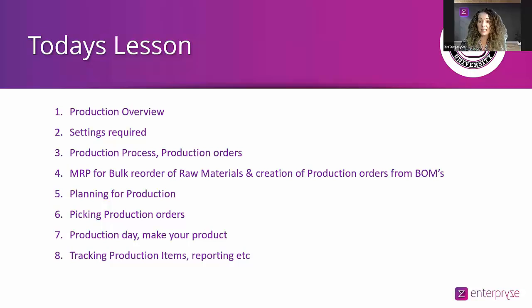In addition to that, and this again is just a reminder of where you can track your production items, all the reporting that's available within the system. So whether you're reporting on your stock postings, your movements, your batch or serial items, or for example, you want to look at the production order history. So you want to see the production history on a particular bill of material item, where you can do that within the system.